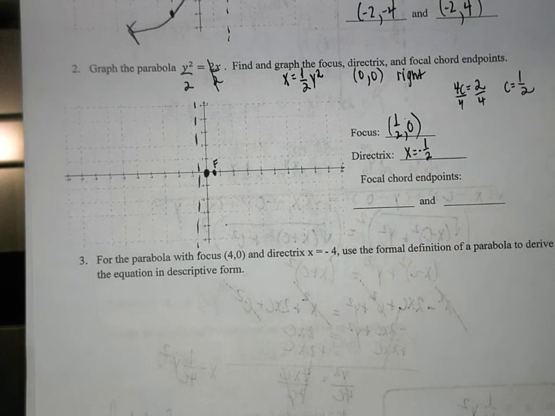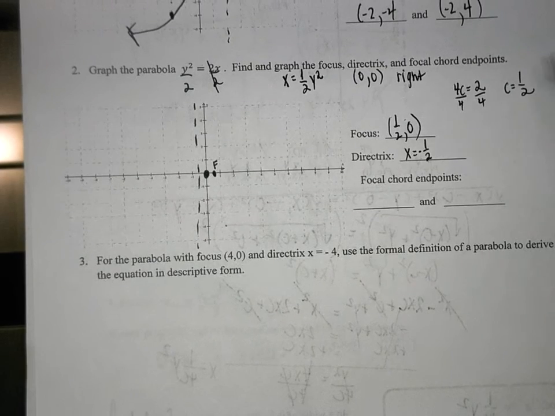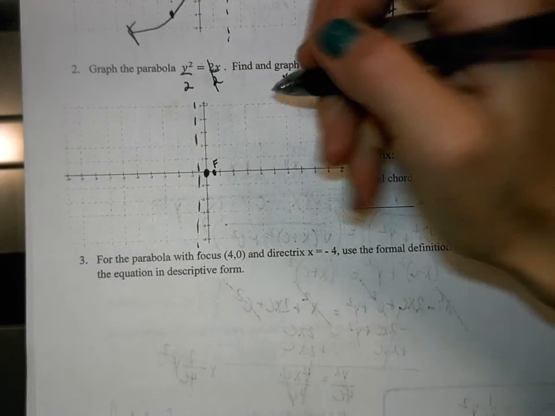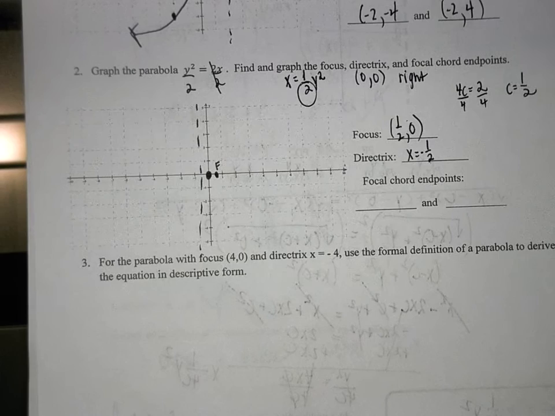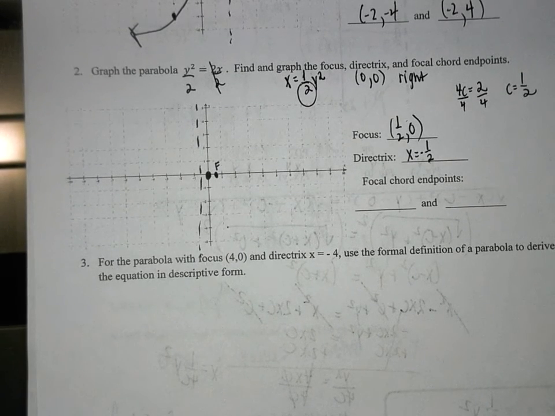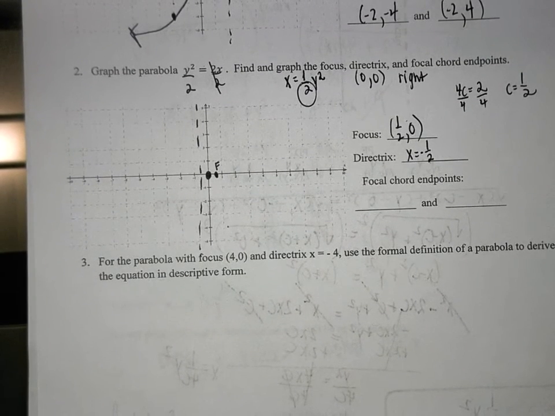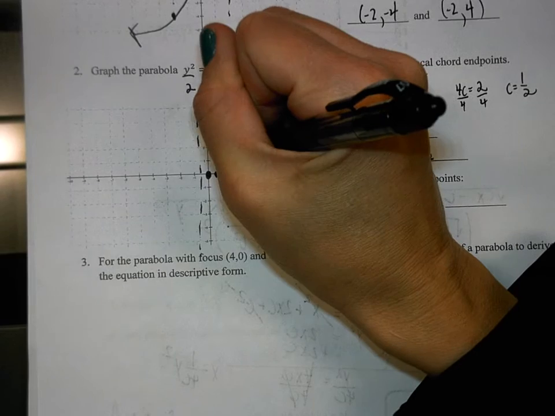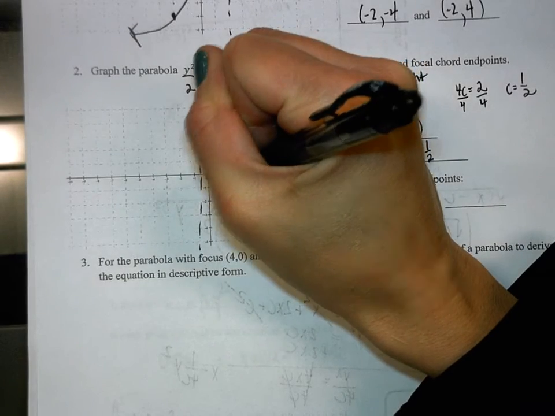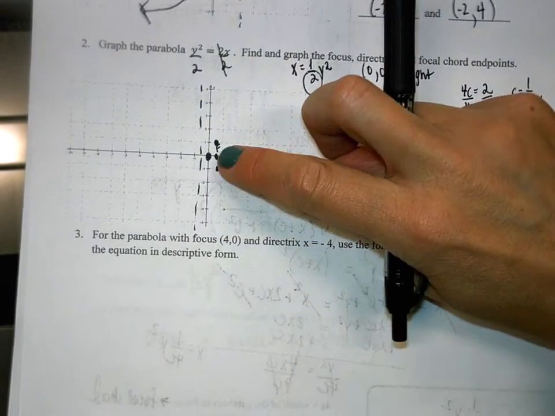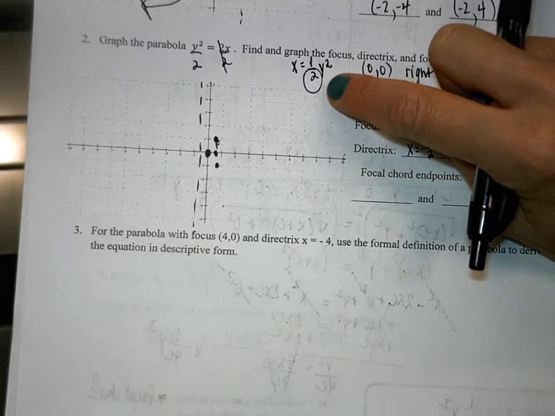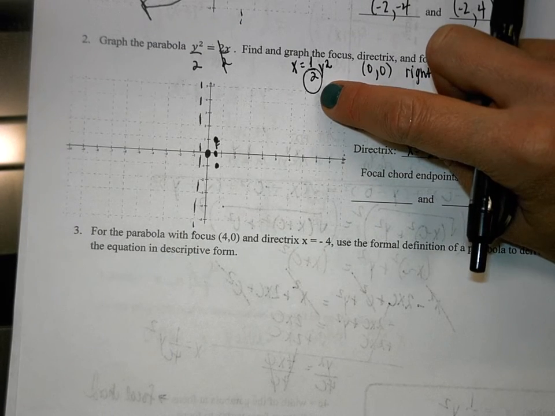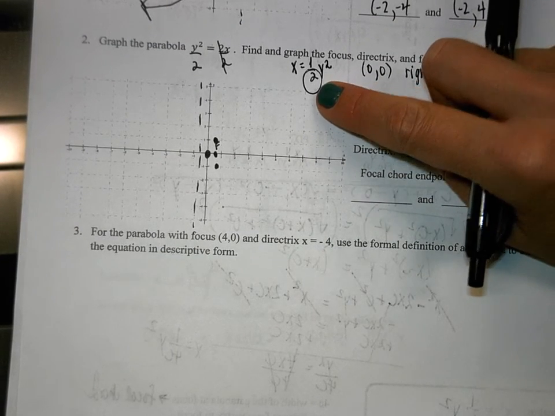Okay, so if I double 1/2, or we know that my whole distance for my focal chord is just 2, how far am I going to go each direction from the focus? 1. So we go 1 to the right and 1 to the left, and that distance does make 2, which is what it tells me it should be here in my equation.